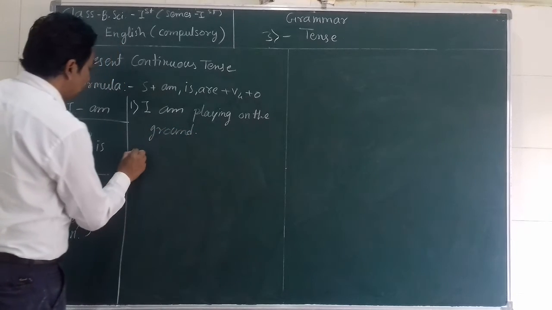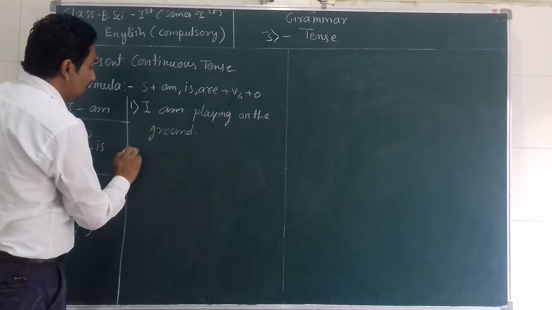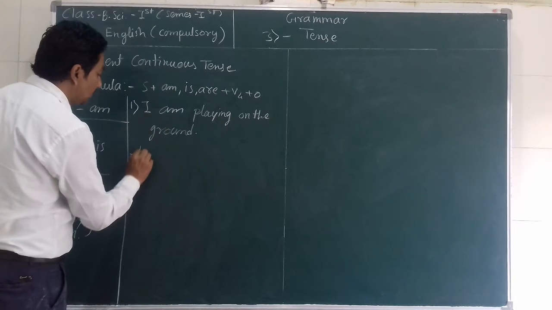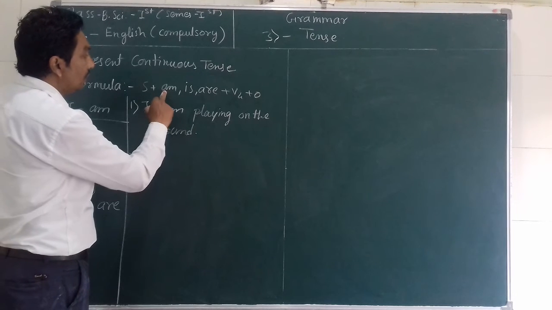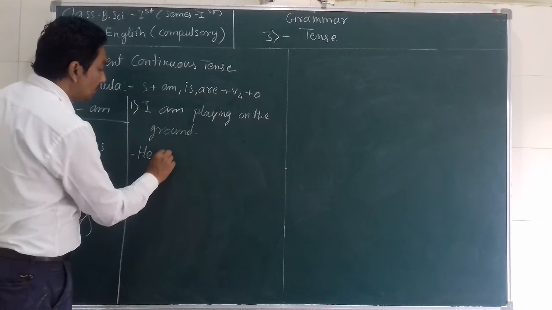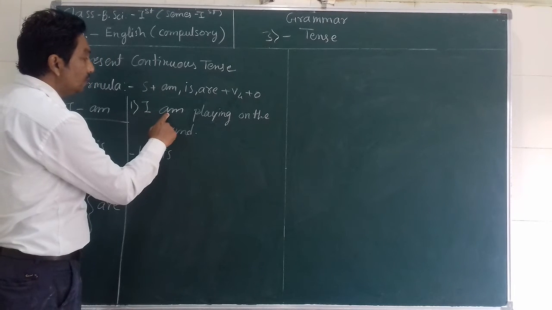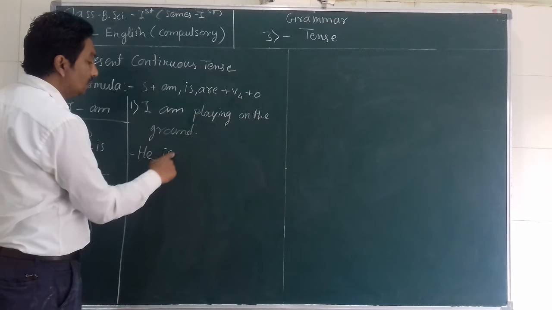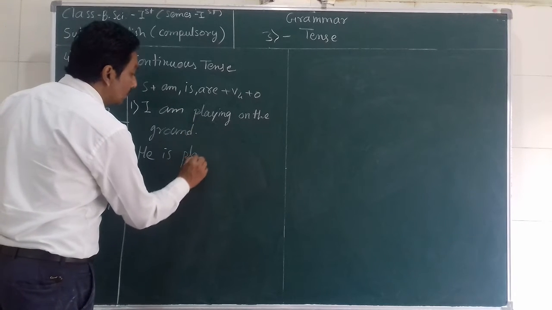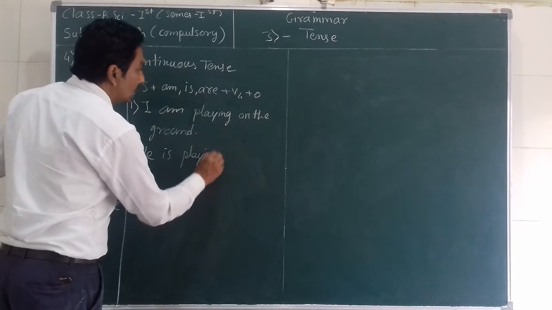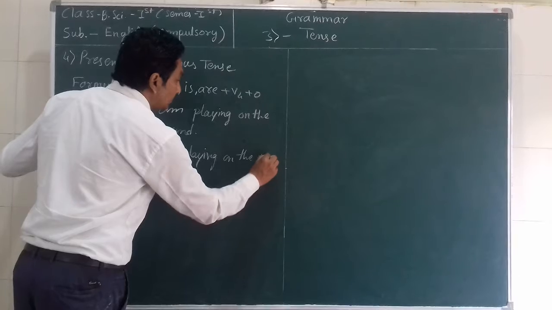In the same way, if in this sentence I change the subject, if I write the subject he, then in front of it we have to use is, the to be form of present tense. We don't need to use am, we have to use is in front of he. Then after that playing, then the object on the ground.